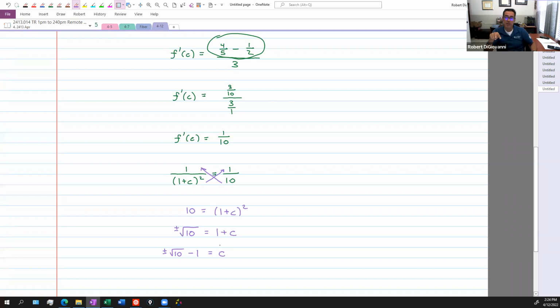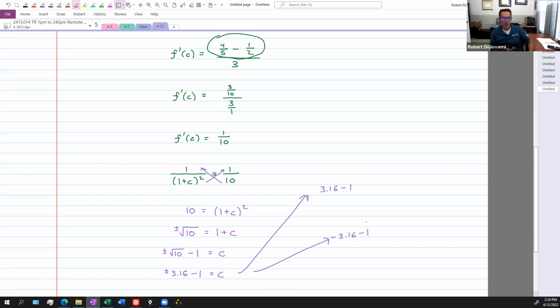So I got 2 answers here, don't I? Okay, get on your calculator. What's the square root of 10 approximately equal to? It's about 3.16. So this is plus or minus 3.16 minus 1 equals c. Let's look at those 2 different answers. I could do 3.16 minus 1, and minus 3.16 minus 1.